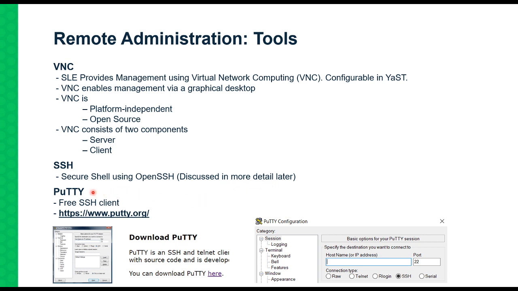Then there's another tool which we can use, and that is called PuTTY. It's a free SSH client, and you can go and download PuTTY from www.putty.org. Once you get there, you'll get to this little screen over there, and you can just click and download PuTTY over there. Just ensure you download the correct version for your system. A quick look at what PuTTY will look like.